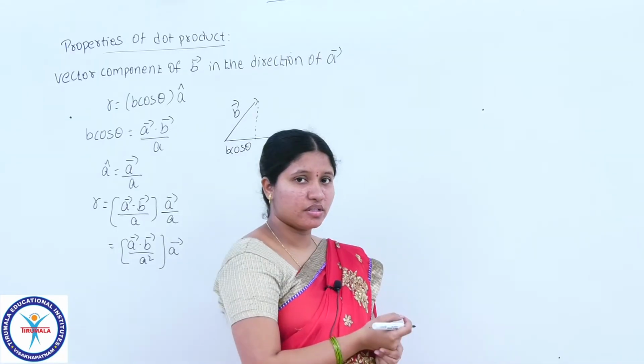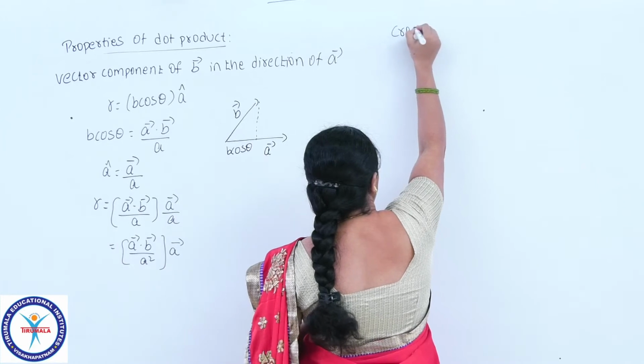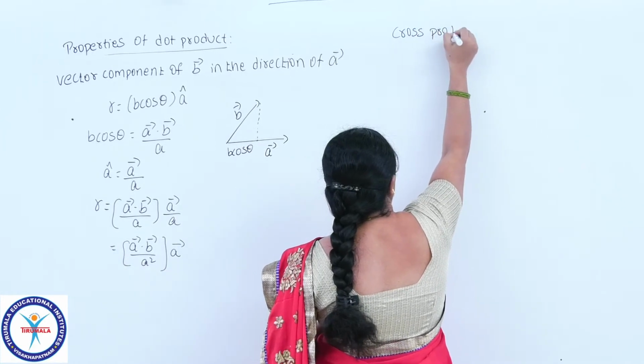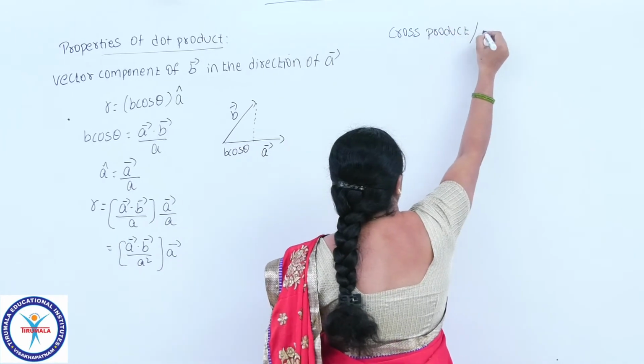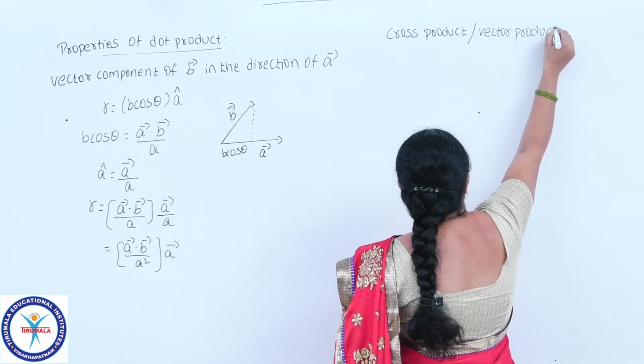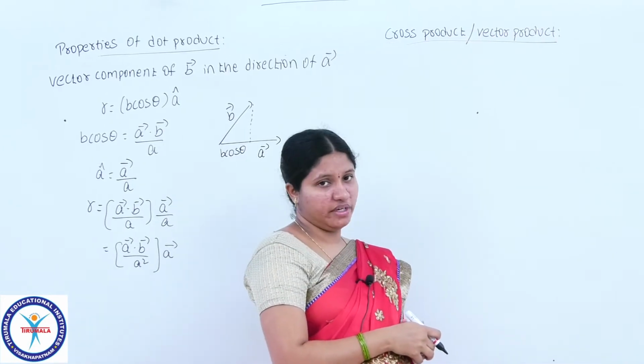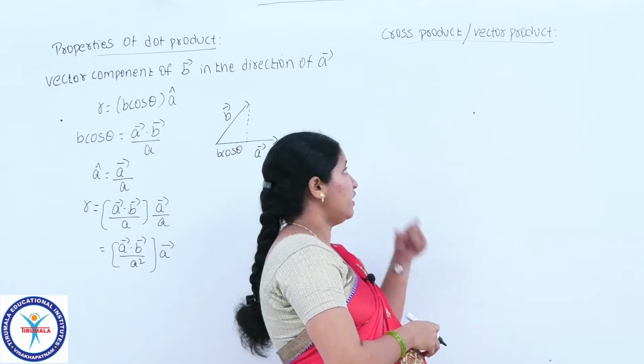So let us discuss what is the second one, that is cross product or vector product. So cross product can also be called as vector product. So how can we define this?